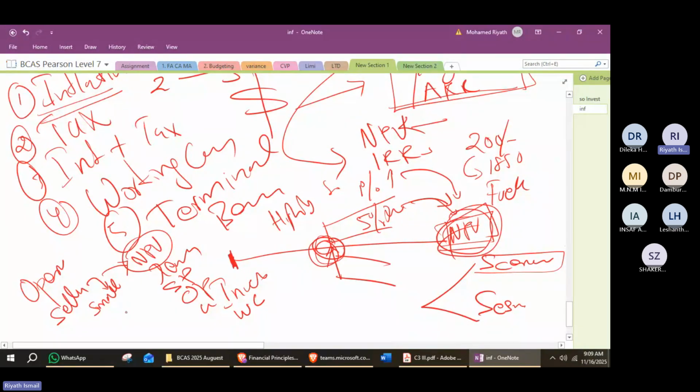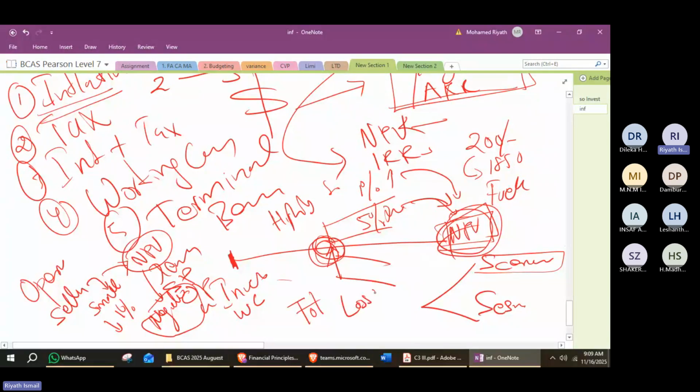Say, for example, if a 1% decrease in sales sometimes leads to NPV becoming negative. If NPV becomes negative, that is a total loss, right?